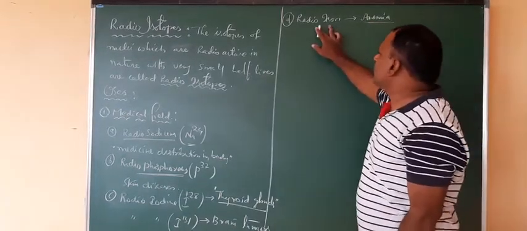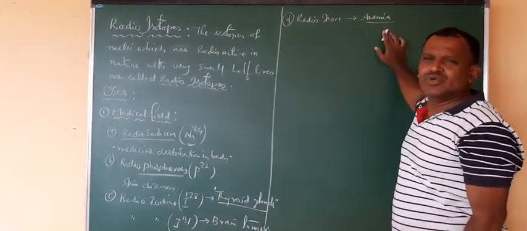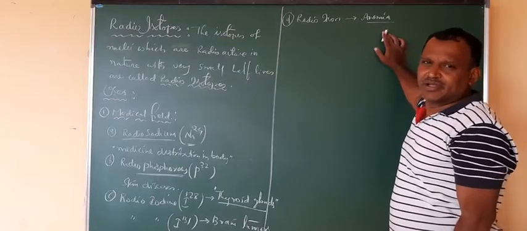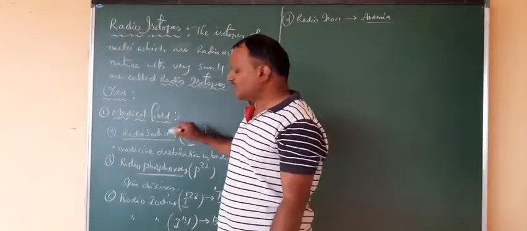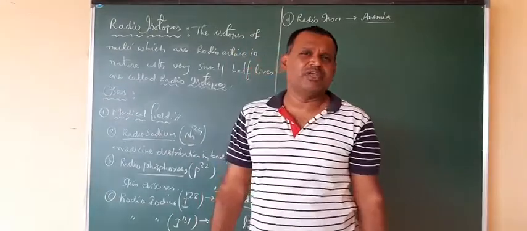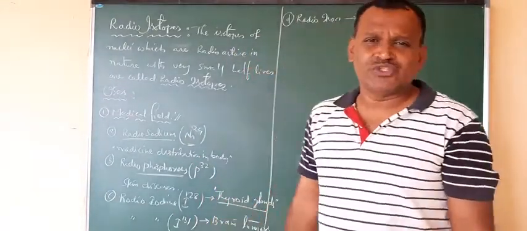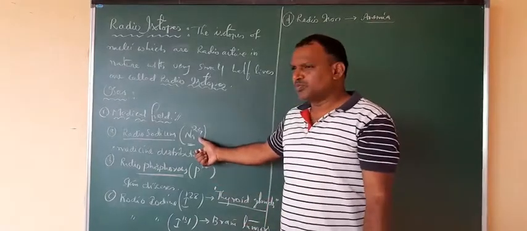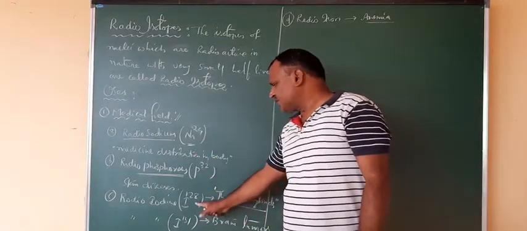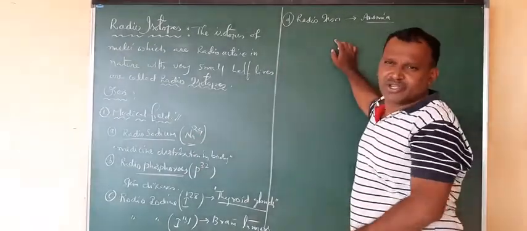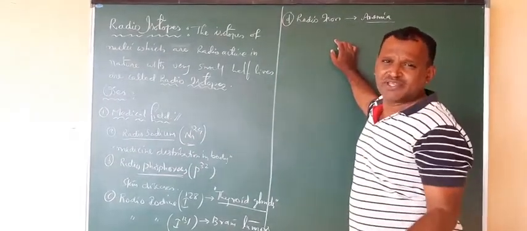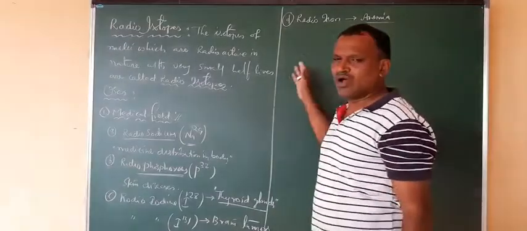So these are the different medical uses of radioisotopes: isotopes of sodium, phosphorus, iodine and iron. They have very small half-lives and are used in the medical field.